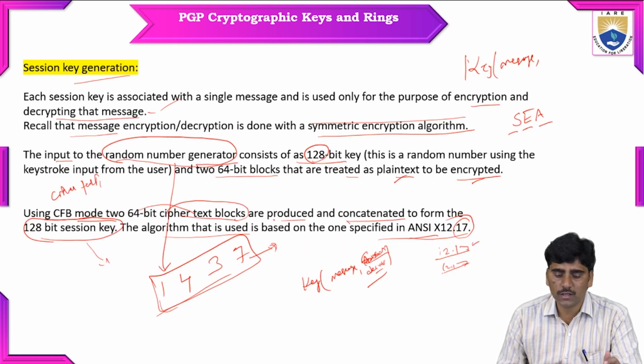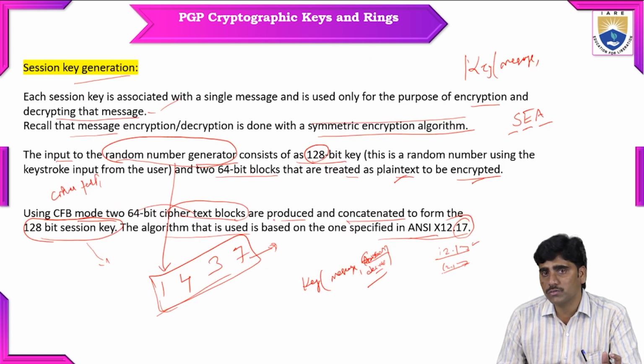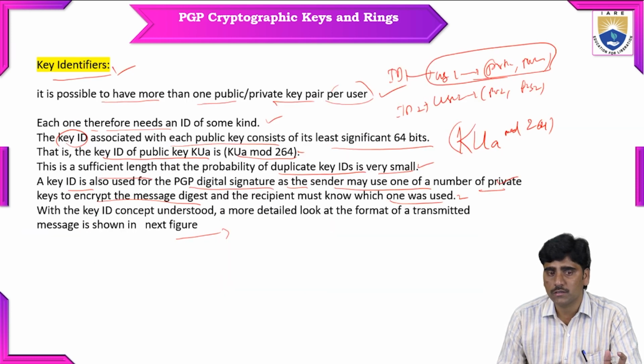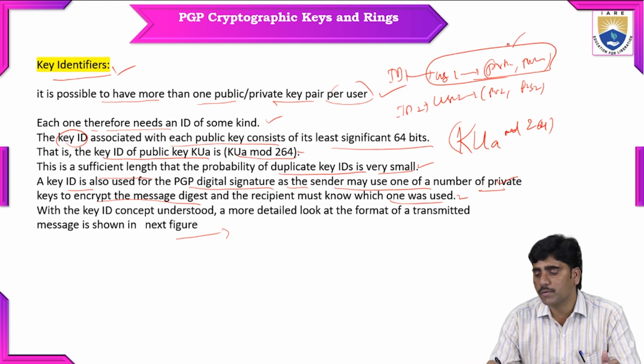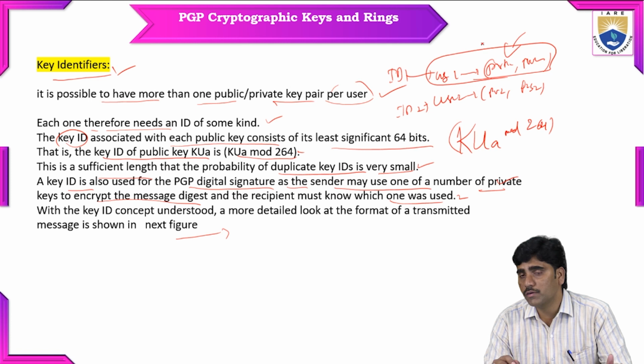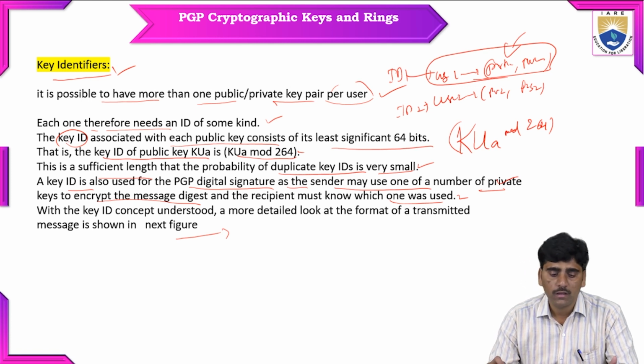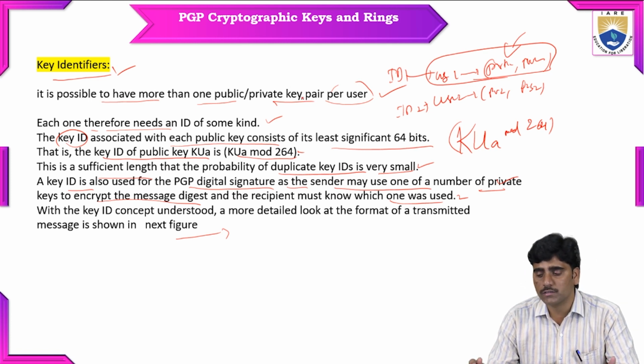So here the session key is generated. Random number generators are used for generating random numbers, and a key identifier. For each and every pair of public and private keys, key identifiers are used.